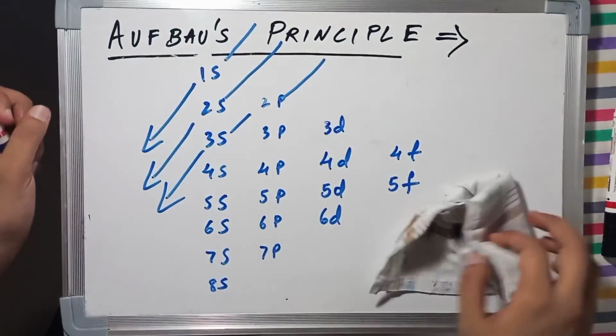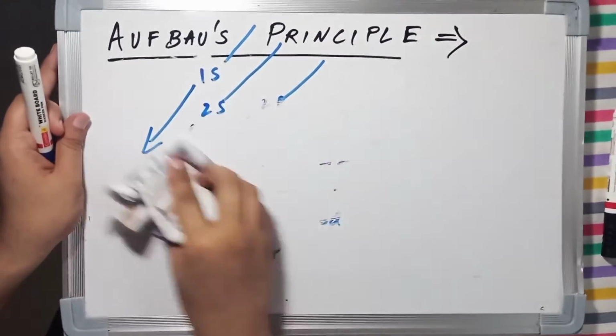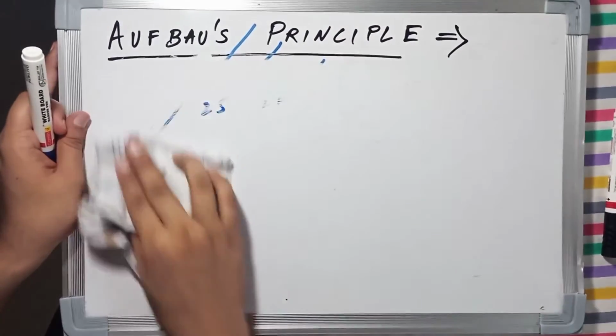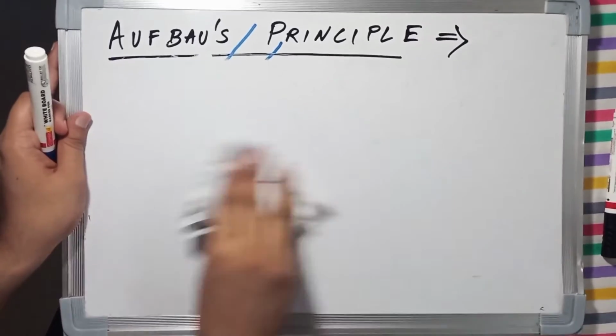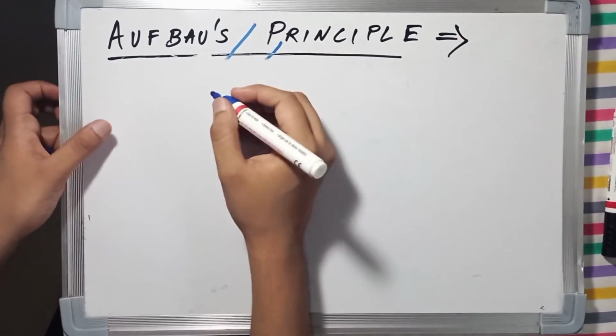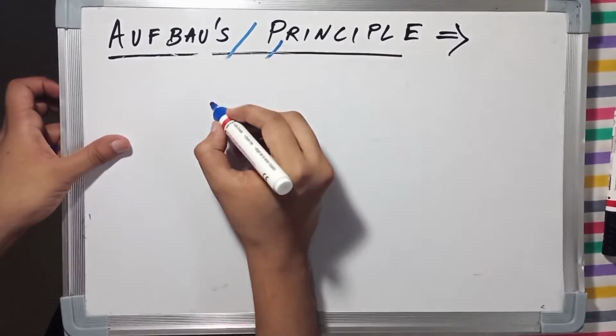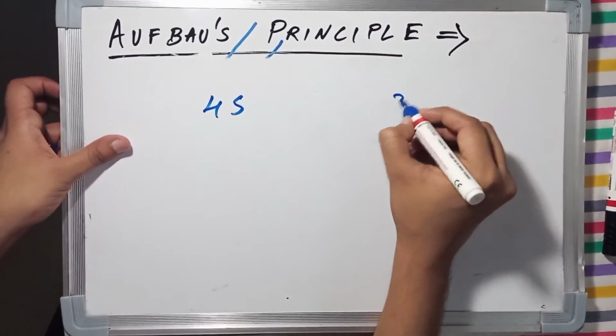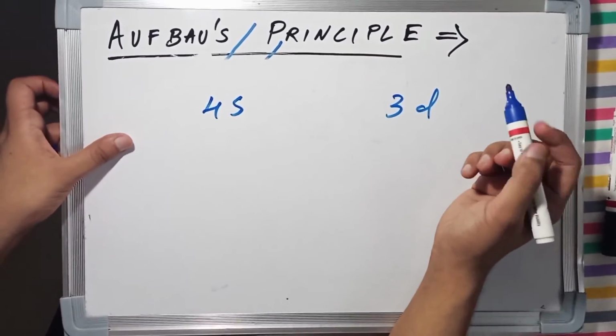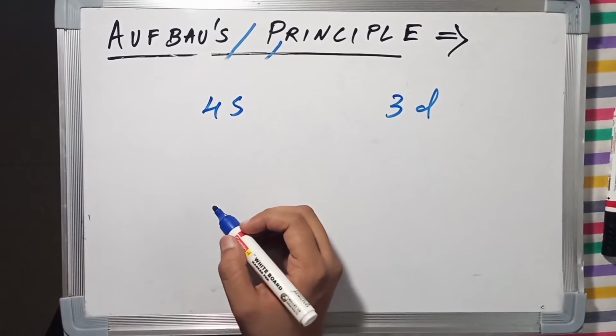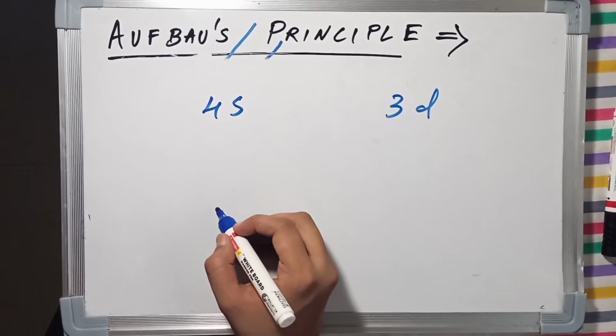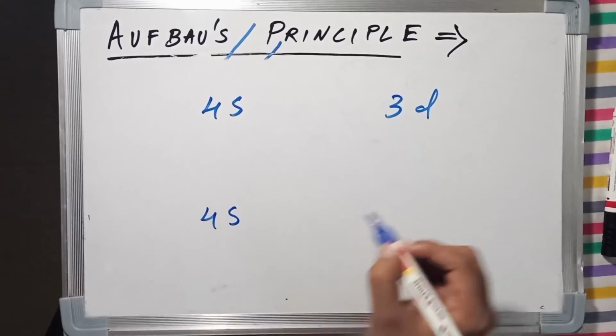For a little more clarification, let's compare some subshells. Let's compare 4s and 3d, and let's compare 4s and 4p.